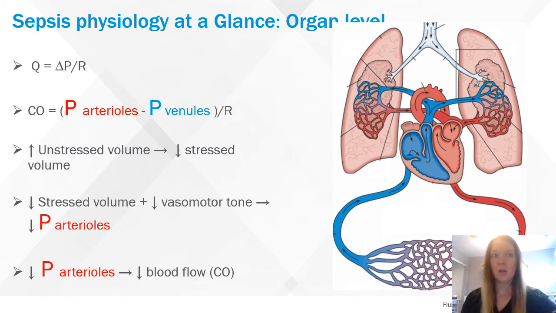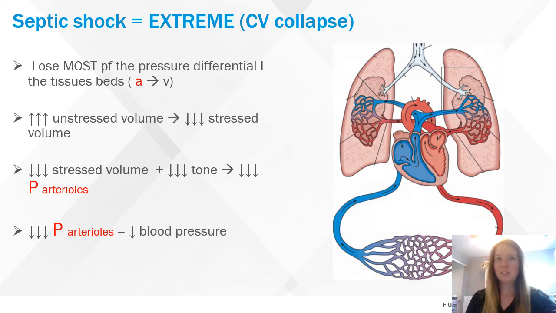Therefore, when you have less pressure on the arterial side, you have less blood flow in the microcirculation, which is what we discussed in the very beginning. That was in the case of sepsis. However, septic shock is an extreme version of that.